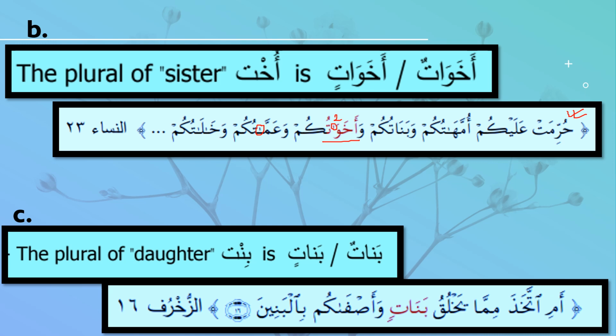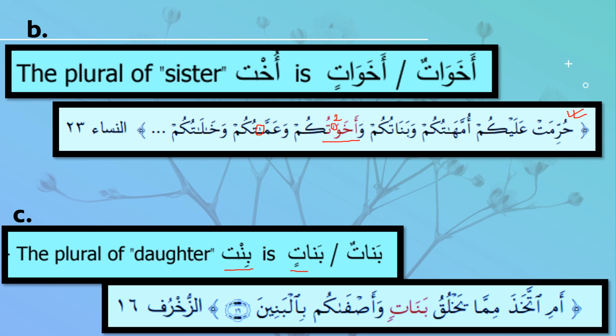Then another example here is bint. So bint is made into plural by the Jama Muannas rule, adding alif and ta, bint, banat. Bint is also feminine by meaning, and I did all these in the feminine nouns lesson, and there were a lot of nouns that were feminine by meaning.